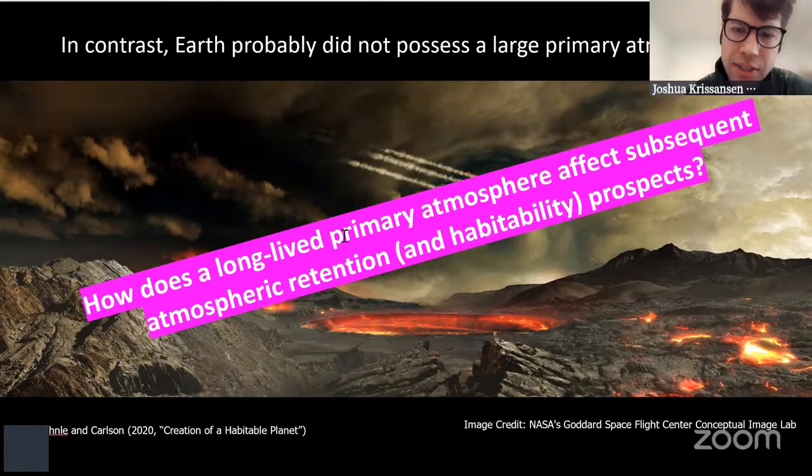So how does beginning an evolution with a substantial primary atmosphere affect the subsequent prospects for atmospheric retention and, of course, habitability, since a lot of the habitable zone real estate that is out there is rocky planets that formed with a large primary atmosphere? We want to know how that affected their later evolution.